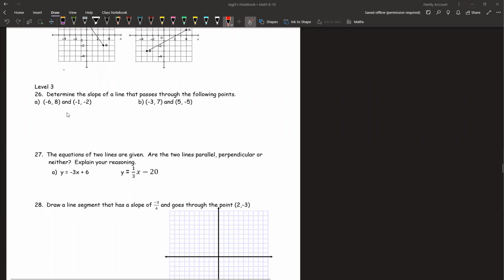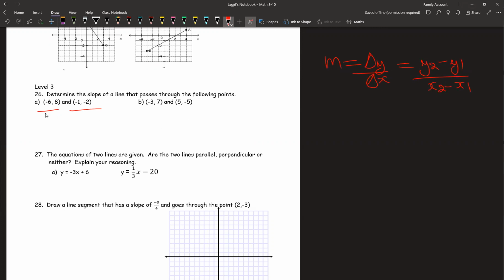Next up, they're asking us to find the slope of a line that passes through these 2 points. In that case, we always find the slope by doing change in y over change in x. Whenever they give you points, we do y2 minus y1 over x2 minus x1.